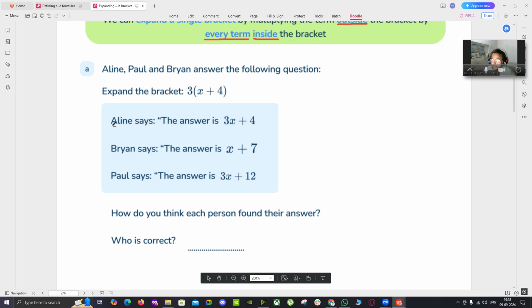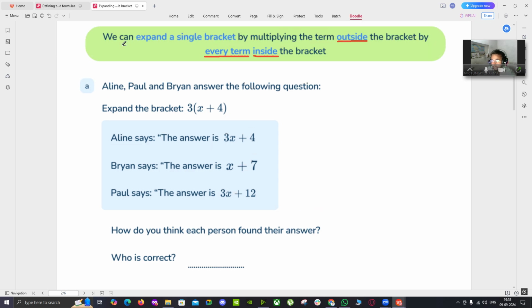So, Aline says the answer is 3x plus 4. If you can follow this sentence here, we can see that the rule says we must multiply 3 with every term inside the bracket. Let's check if Aline has followed that or where she might have gone wrong.